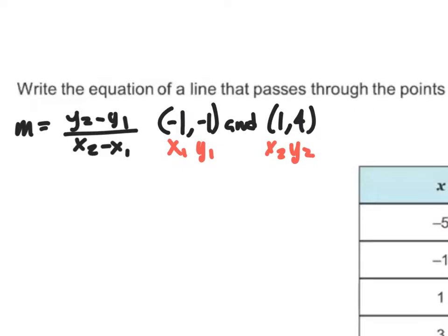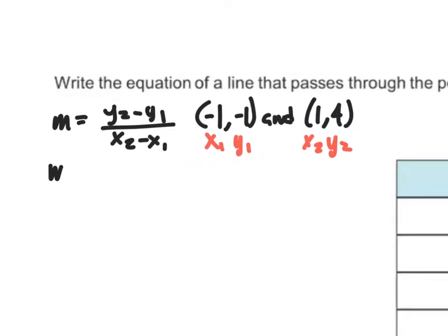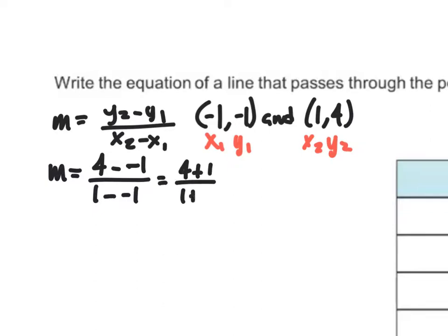So my slope m is going to be 4 minus -1 divided by 1 minus -1, which gives me 4 plus 1 over 1 plus 1, which is 5 over 2. So my slope, m, is equal to 5 halves.